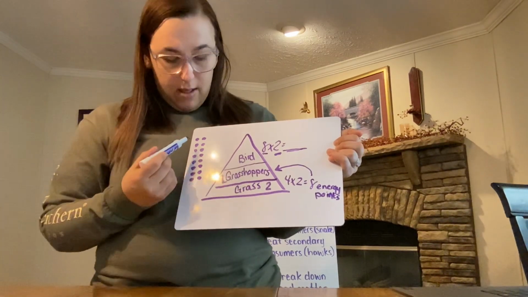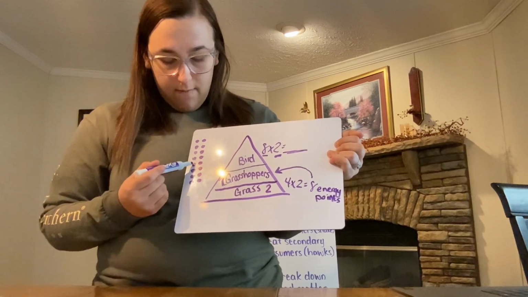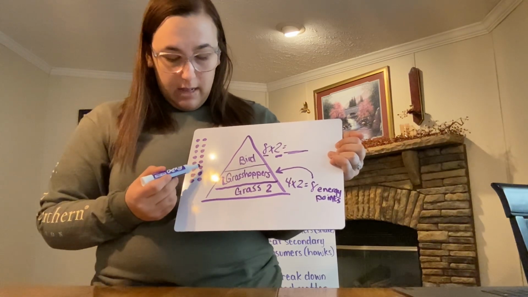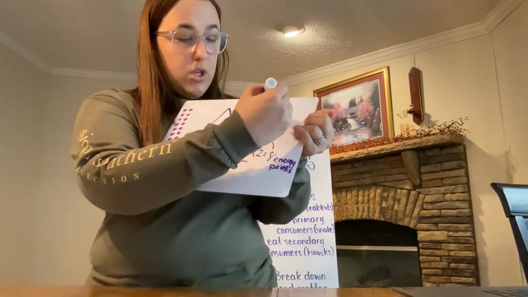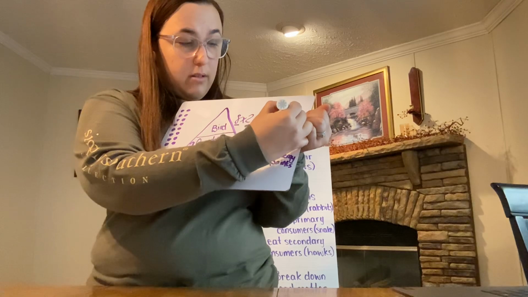So let's count them all together. 1, 2, 3, 4, 5, 6, 7, 8, 9, 10, 11, 12, 13, 14, 15, 16. So our bird would receive 16 energy points.